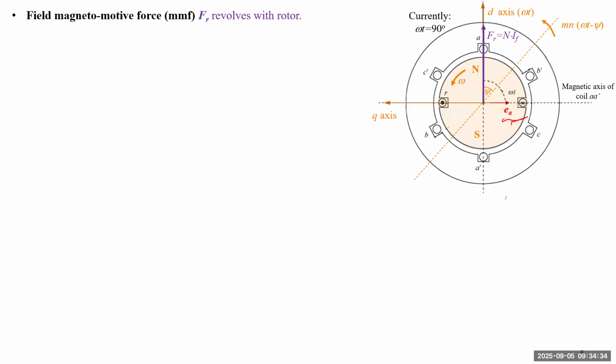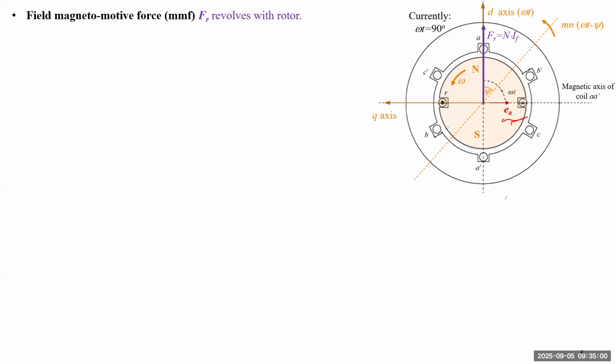But for the generator, it's a little bit complex because we have currents in both the rotor winding and the stator winding. So both will generate magnetomotive force. We'll start from the rotor winding, which is the field winding, then go to the stator winding, then determine the total magnetomotive force.